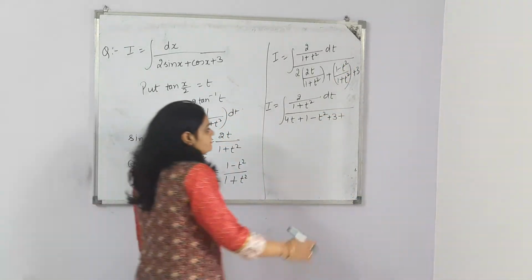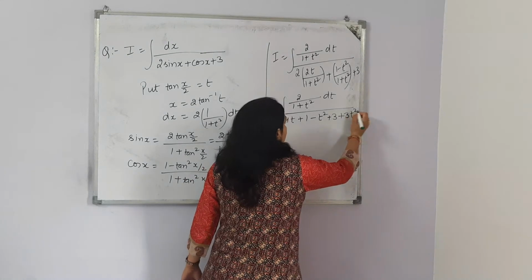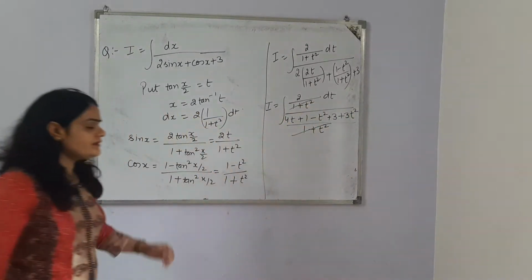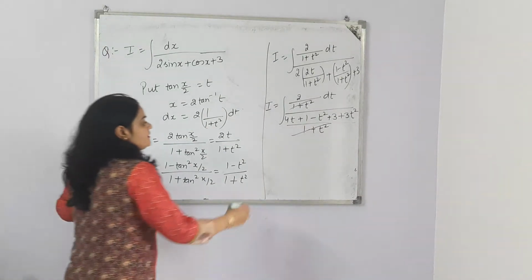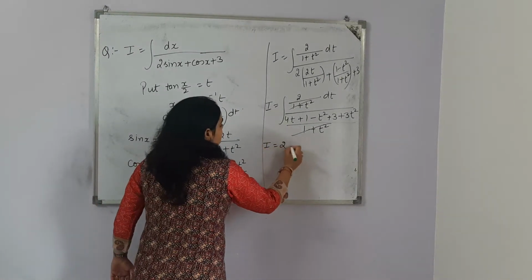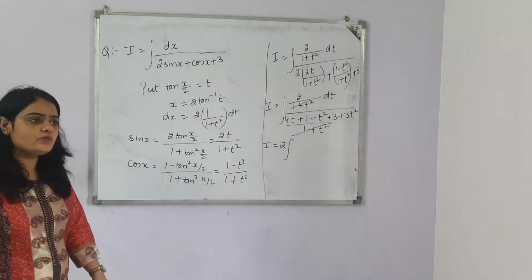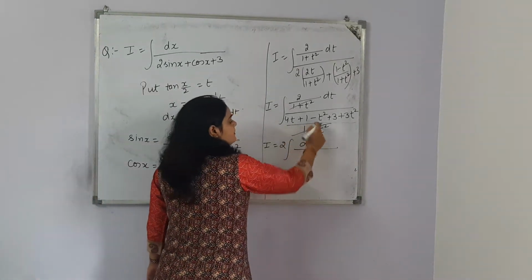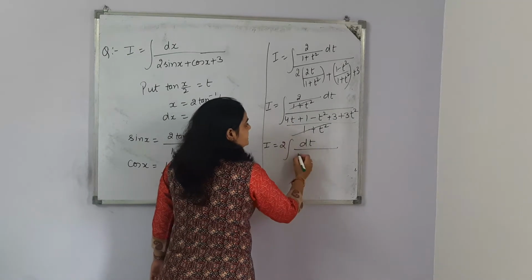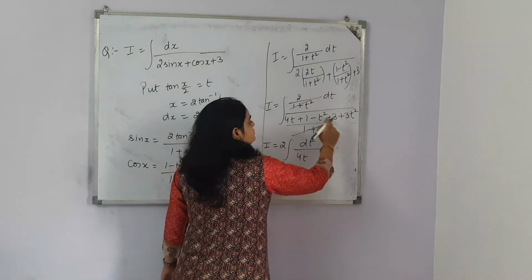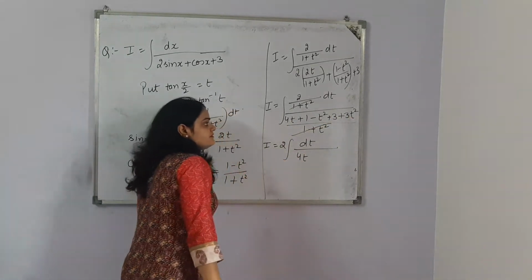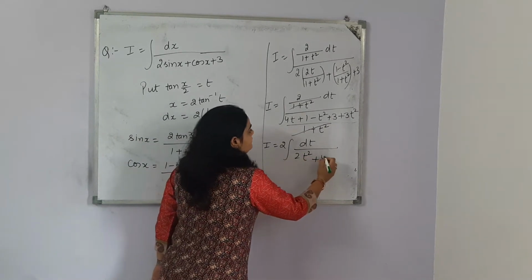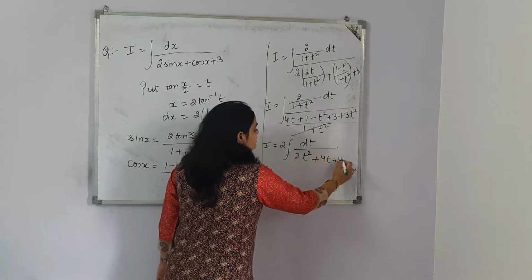So after multiplication we'll get 3 plus 3t square whole upon 1 plus t square. 1 plus t square will cancel out with 1 plus t square, and 2 is constant, so can I take it out? So after taking 2 out, what will we get inside the integration? dt upon 4t minus t square plus 3t square, which is 2t square. So first of all we are writing 2t square plus 4t, and 3 plus 1, which is 4.